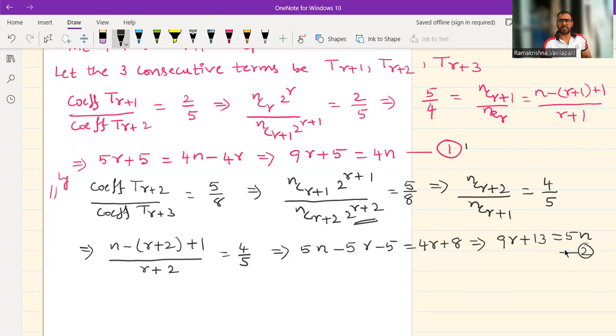So here is one equation and here is another equation in terms of n and r. By solving these two, we can find the value of r as well as the value of n.